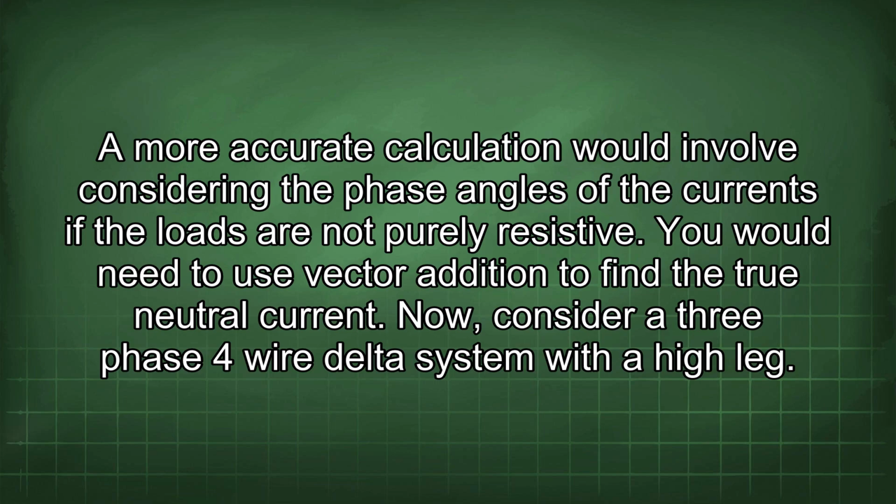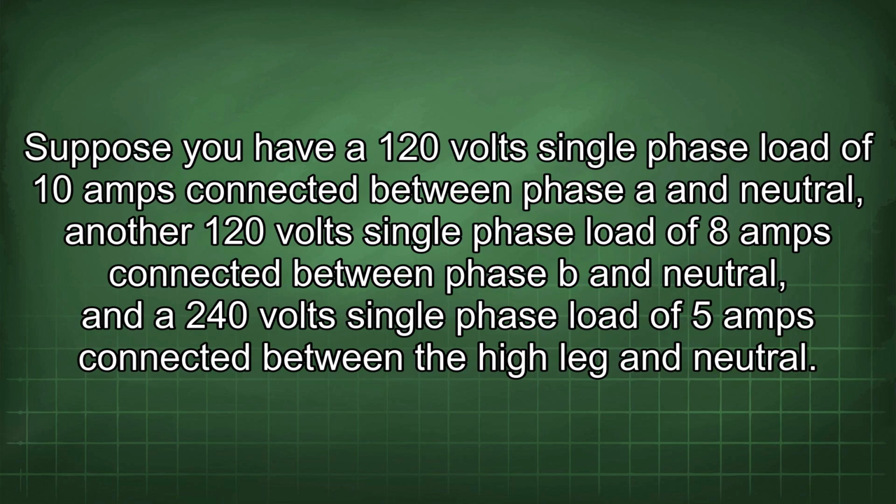Now consider a 3-phase 4-wire delta system with a high leg. Suppose you have a 120-volt single-phase load of 10 amps connected between phase A and neutral, another 120-volt single-phase load of 8 amps connected between phase B and neutral, and a 240-volt single-phase load of 5 amps connected between the high leg and neutral.